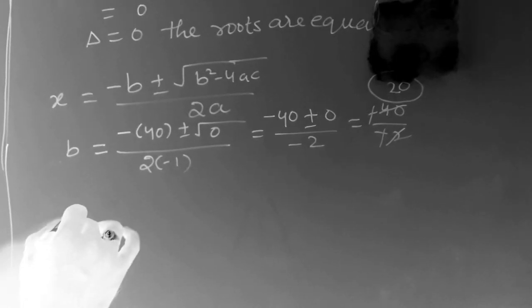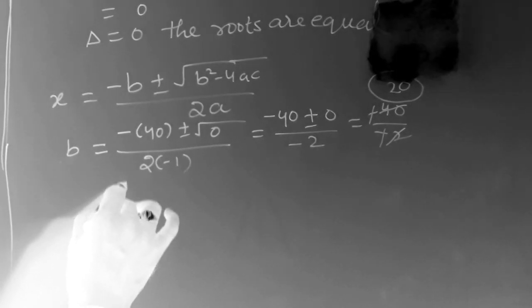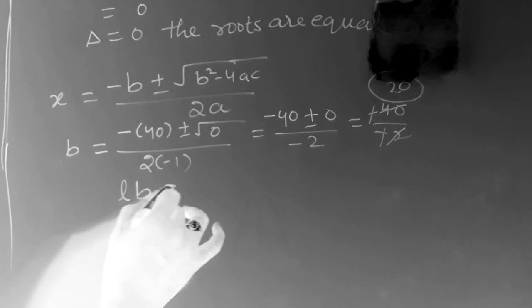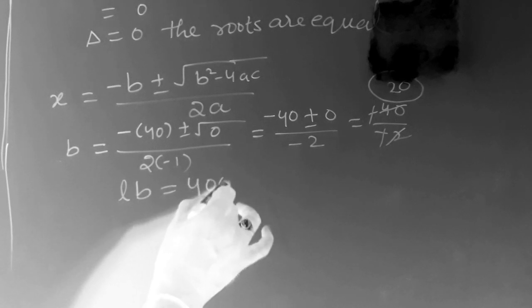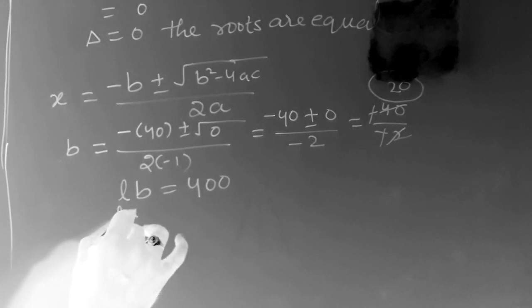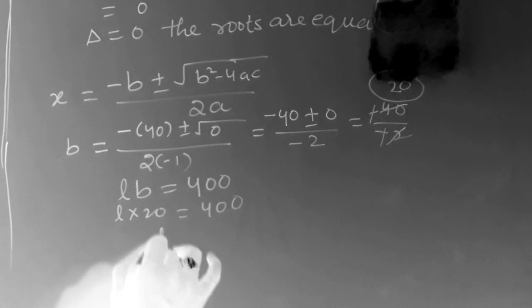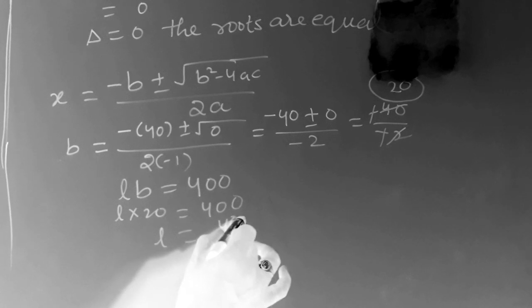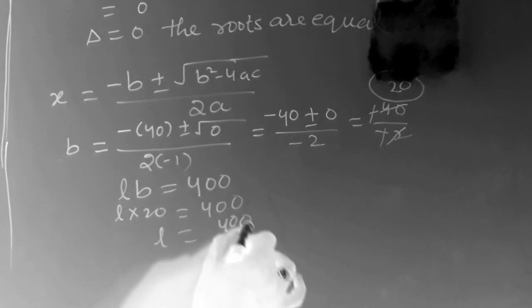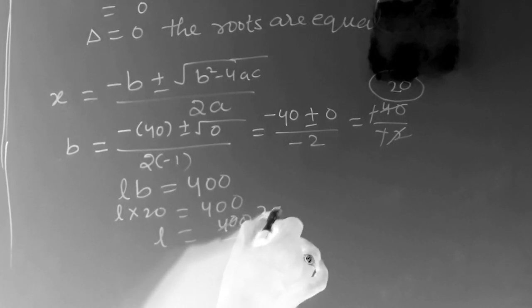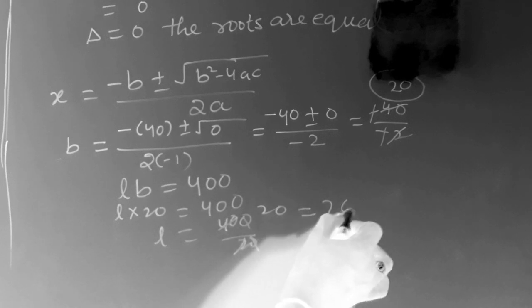We know that the area of the rectangular plot is given, that is 400. L into B is equal to 400. Here the breadth I am getting is 20. So L is nothing but 400 by 20. 0 0 cancel, 2 twenties are 40. So length is also 20.